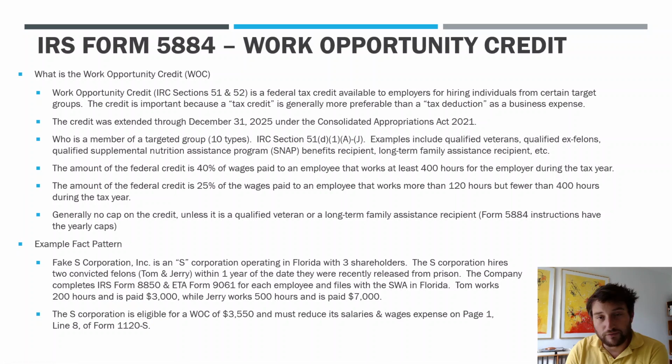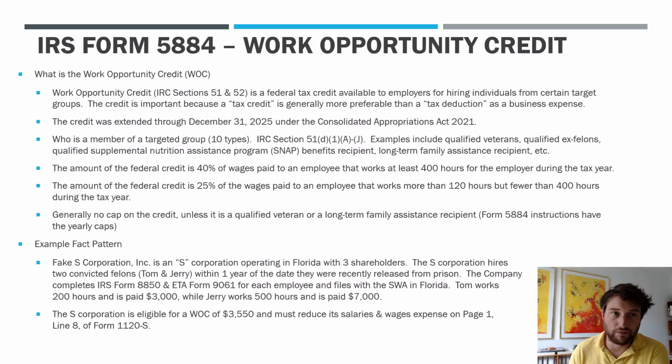So we've got our S corporation here, Fake S Corporation Inc., operating in Florida with 3 shareholders. Now, the company hires 2 convicted felons, Tom and Jerry, and they were hired within a year of their release date from prison. Why is that relevant? Part of the qualification for the ex-felon is you have to hire them within a year after they were released, or if they were convicted of a felony but didn't do any jail time, it's got to be within a year of that conviction.